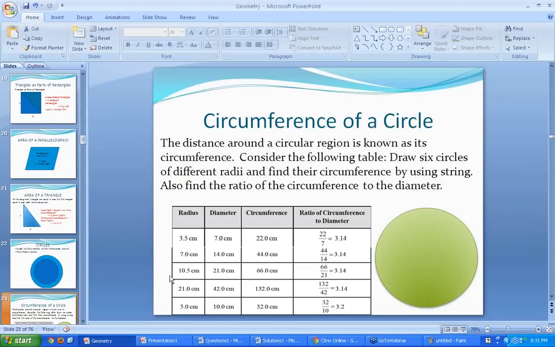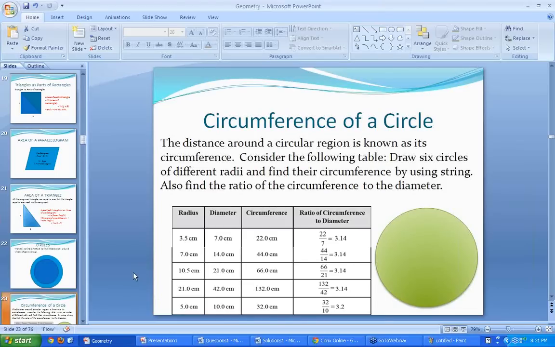If we take different radii, different circles, then we will find that the ratio of the circumference to its diameter is constant. I have shown it by 5 examples. You can see here, the ratio is always constant. It's 3.14, which is also called pi, which is also 22/7.